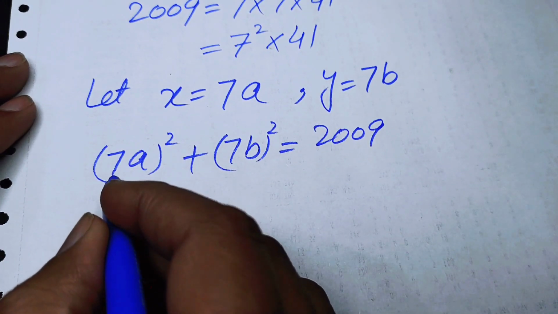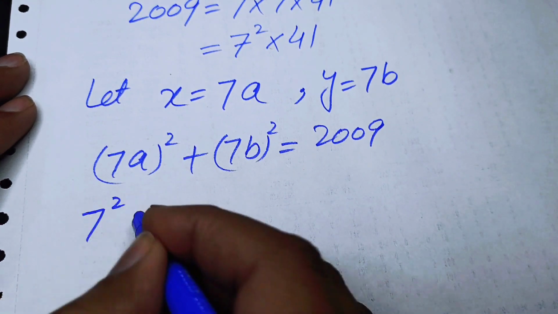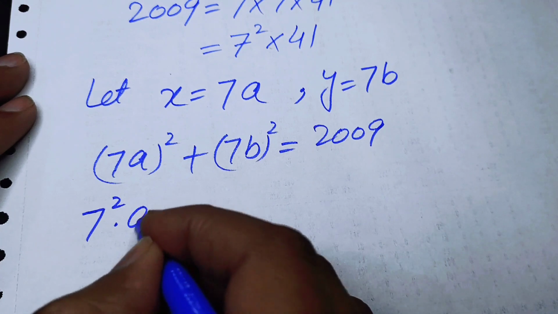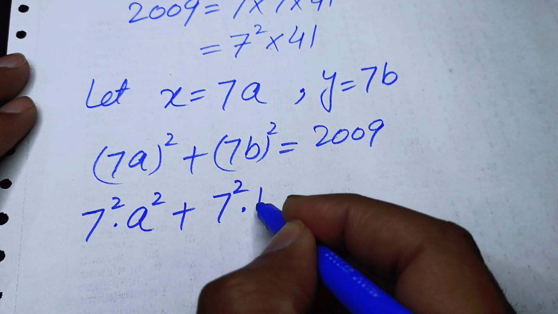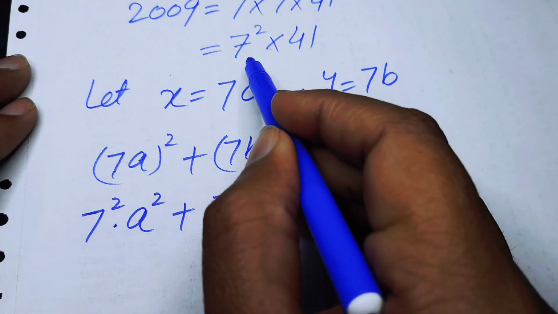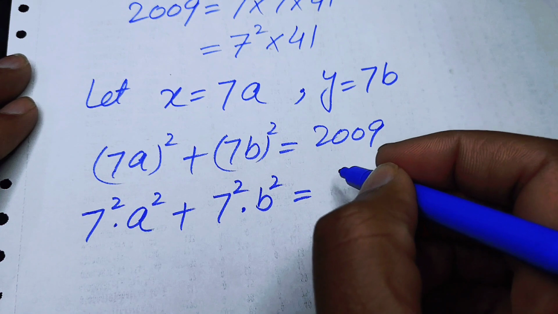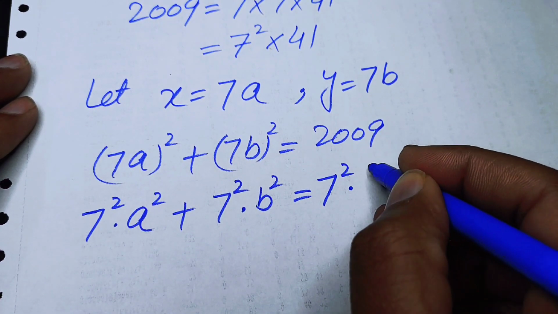Here we write the separate squares on both terms, and we get 7 squared times a squared plus 7 squared times b squared, and we can write 2009 as 7 squared times 41.